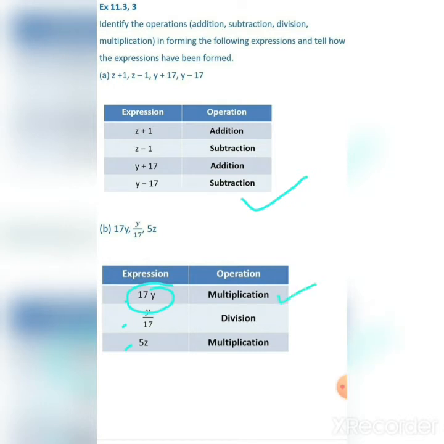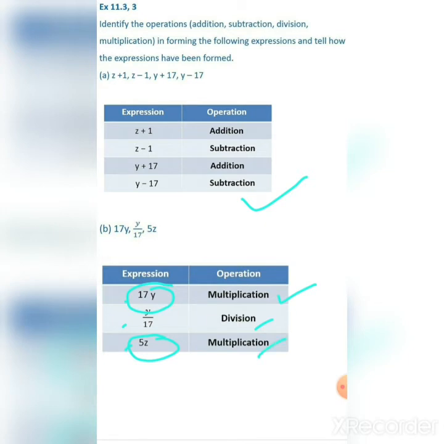So 17y is joined with the multiplication operation, 17 into y. Now the next is y upon 17. So clearly you can say this is division. And 5z, again it has come with no operator sign. So this is your multiplication operation.